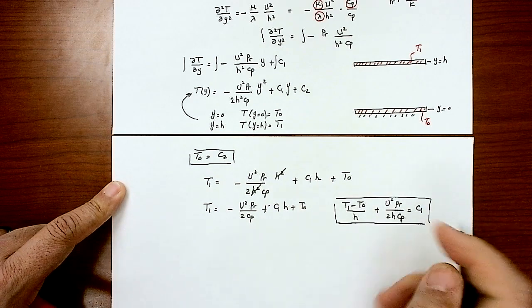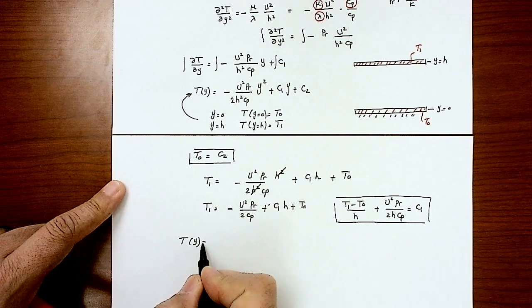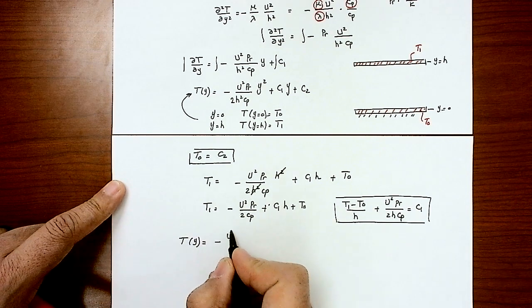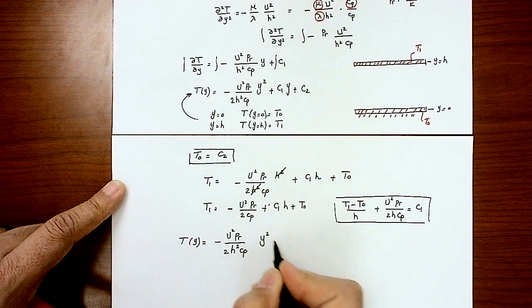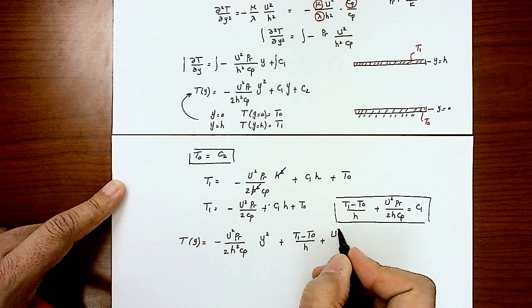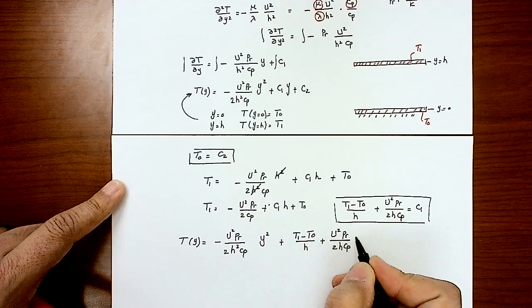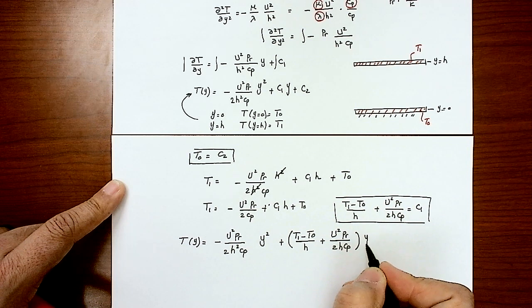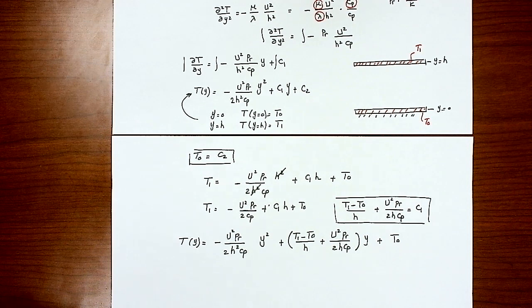I can go back and substitute into the equation to get the temperature as a function of Y, equal to minus U square, Prandtl number divided by 2 H square CP, that's Y square, plus C1, which is T1 minus T naught divided by H plus U square Prandtl number divided by 2H CP. This is totally multiplied by Y, plus C2, which is T naught.